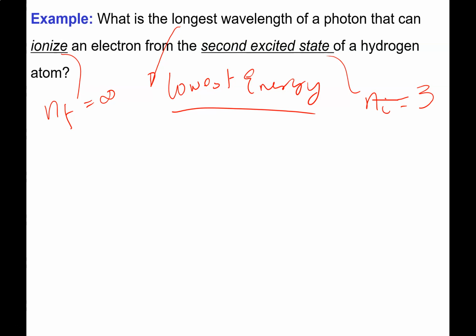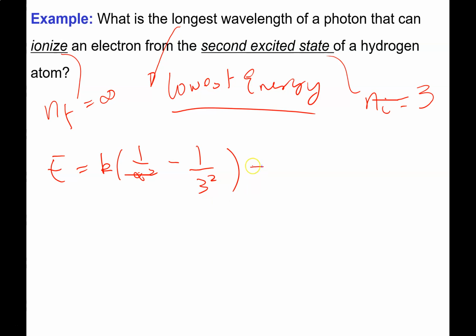So let's see what we've got going on here. What we need to do is E equals K multiplied by 1 on infinity squared minus 1 on 3 squared. Okay, so that's going to be it.